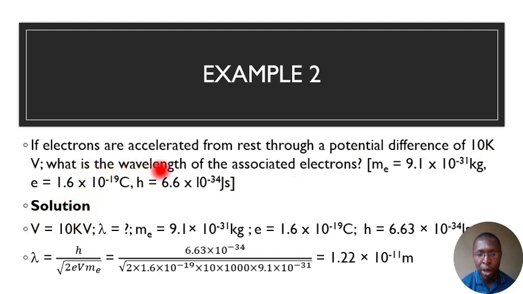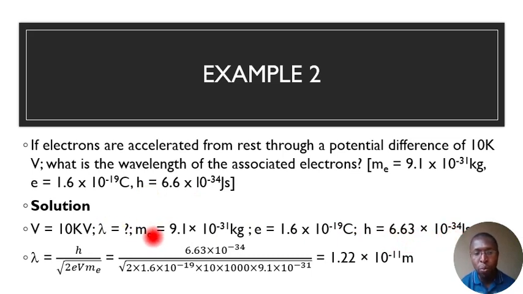And we have to calculate the wavelength, which is lambda, unknown. Given that the mass of the electron is 9.1 times 10 to the power minus 31 kilogram, and the charge of the electron E is 1.6 times 10 to the power minus 19 coulomb, and also the Planck constant H is 6.63 times 10 to the power minus 34 joule-second.